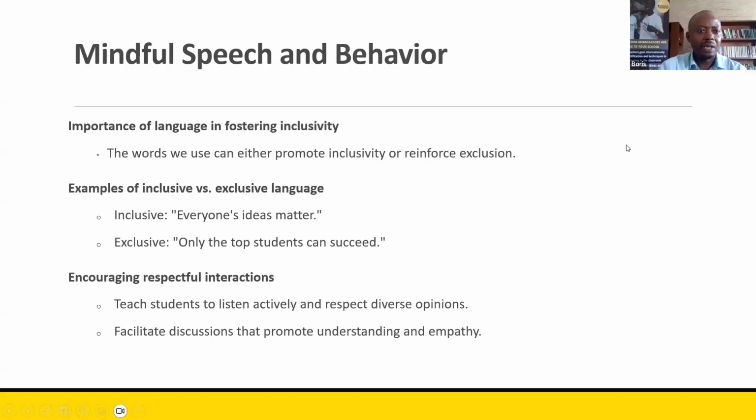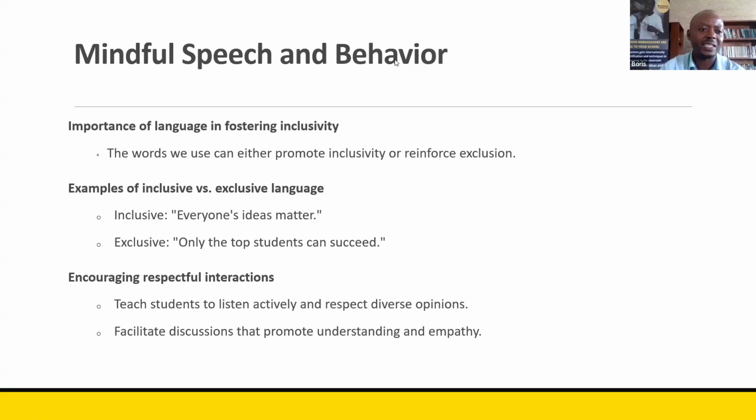All right. Now, mindful speech and behavior. Sometimes, dear colleagues, we use certain words and expressions in class which tend to exclude learners without us knowing. So by this time, we need to be very conscious about our speech and behavior in class.